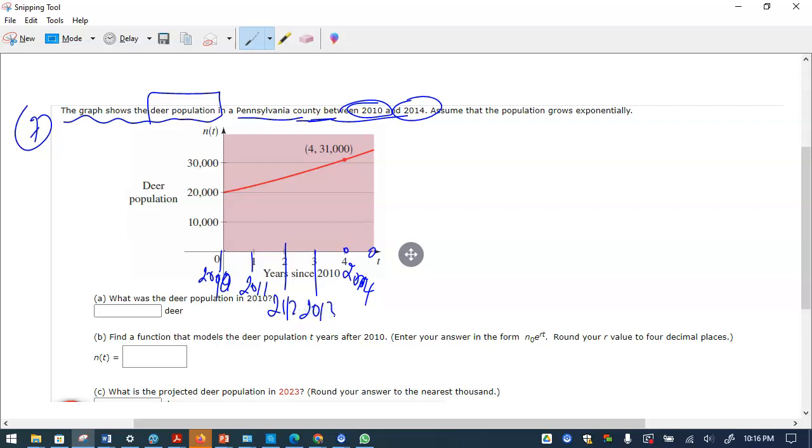So you are given that in the beginning the deer population was 20,000. That's all they're asking. What was the deer population in the year 2010? The answer is 20,000. Such a simple question, right?